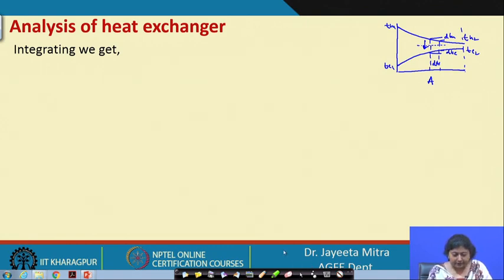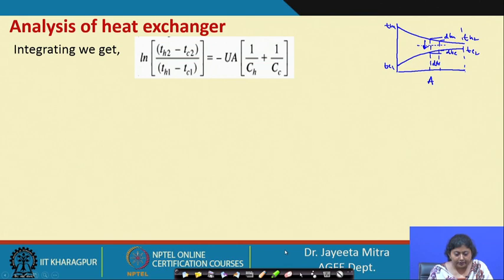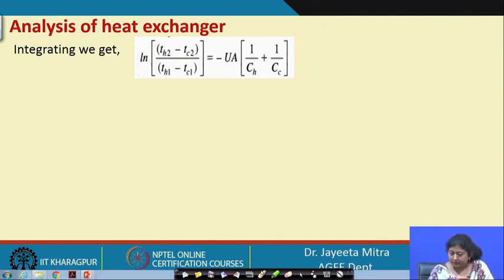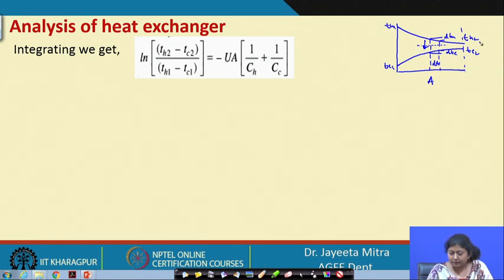after integration, we are integrating from 1 to 2. So, ln of Th2 minus Tc2 divided by Th1 minus Tc1 is equal to minus UA times 1 by Ch plus 1 by Cc.